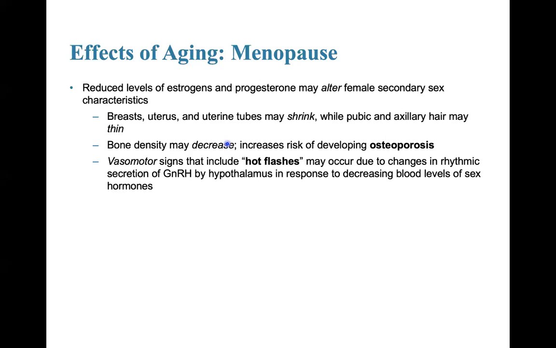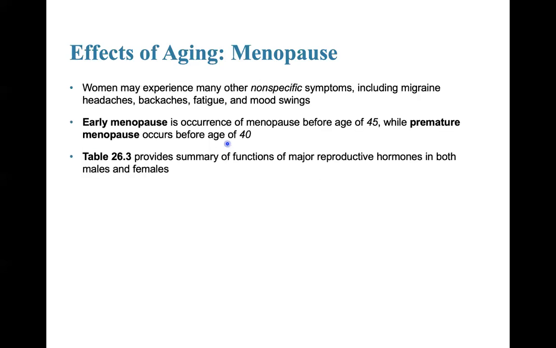Vasomotor signs that include hot flashes may occur due to changes in rhythmic secretion of gonadotropin-releasing hormone by the hypothalamus in response to decreasing blood levels of sex hormones. Women may experience many other non-specific symptoms, including migraine headaches, backaches, fatigue, and mood swings. Early menopause is the occurrence of menopause before the age of 45, while premature menopause occurs before the age of 40.